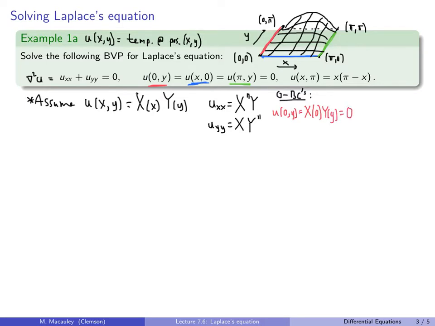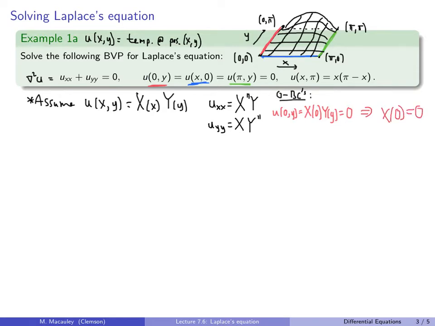So look what we have here. We have a number times a function is 0, so that number better be equal to 0. So that means that X of 0 equals 0.